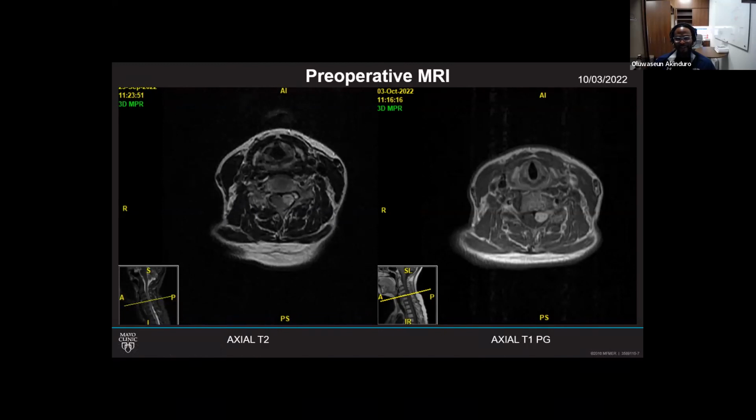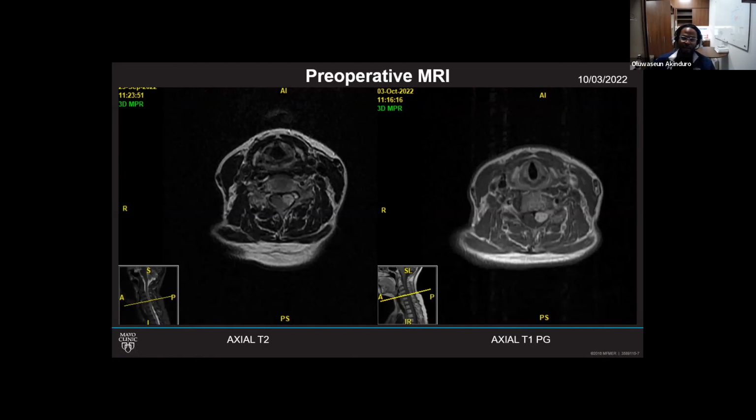Yeah, nice. I just haven't heard of the sign in the way that you described it. But one of the most important points when looking at this imaging, when planning for surgery, is how the spinal cord appears to be draped over the tumor.